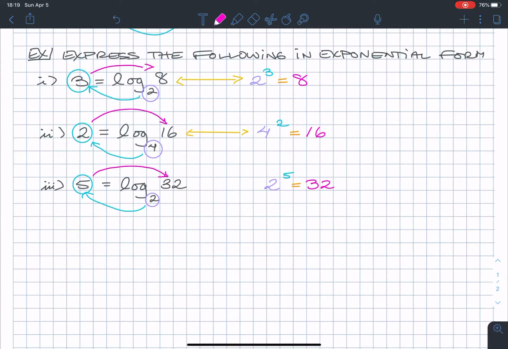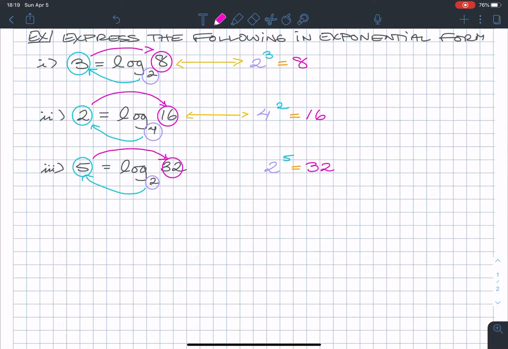Maybe I should be putting circles around these to make it easier. So you see where I'm going with this. Is it true that 2 to the 5th power is 32? It is.